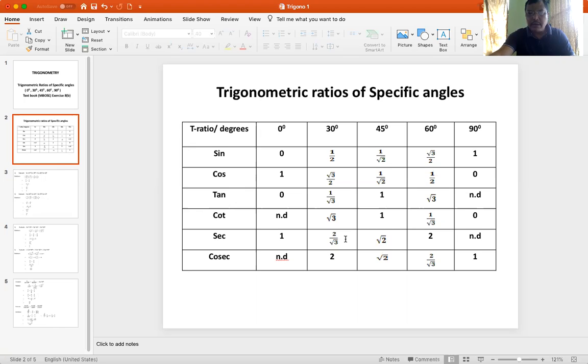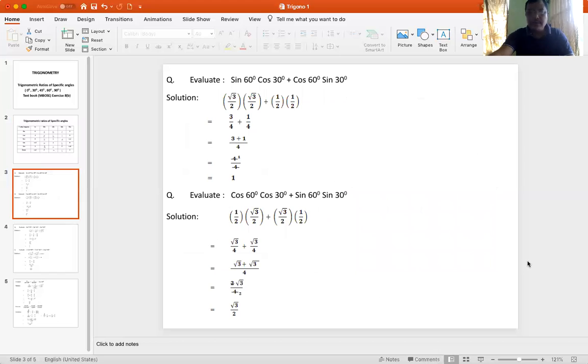So therefore, the value of sec 45 degree is root 2. Similarly, if you want cosec 60 degree, comparing the ratio cosec with respect to 60 degree, we find that its value is 2 by root 3. So this is how we read the table and find the other ratios as well. Now let us come to the actual problems.